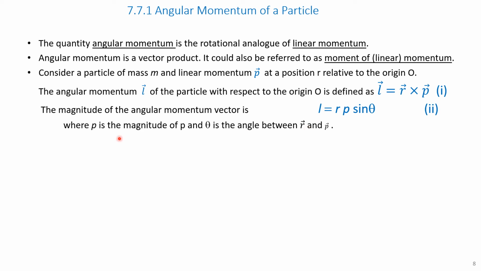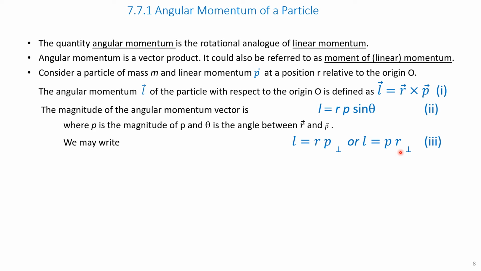Here p is the magnitude of vector p and θ is the angle between vector r and vector p. We may write angular momentum L = r p perpendicular, or L = p r perpendicular.